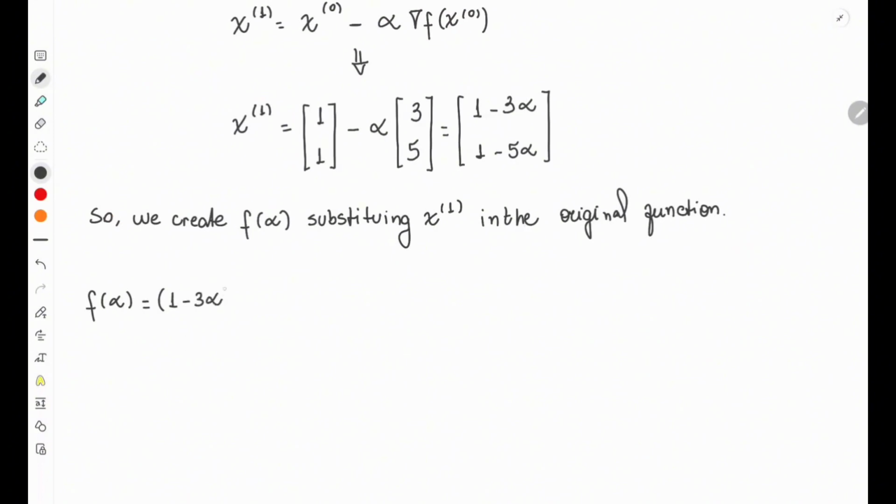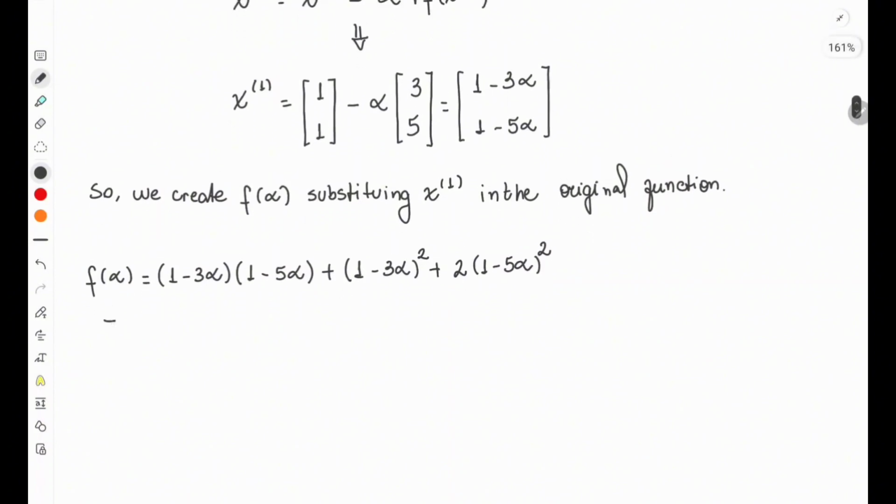If we look at the original function and we look at x1, the first line is for x1 and the second line is for x2. So we replace this value, in function of alpha, in our original function. So we got this equation, and now we need to find an alpha that minimizes this function.